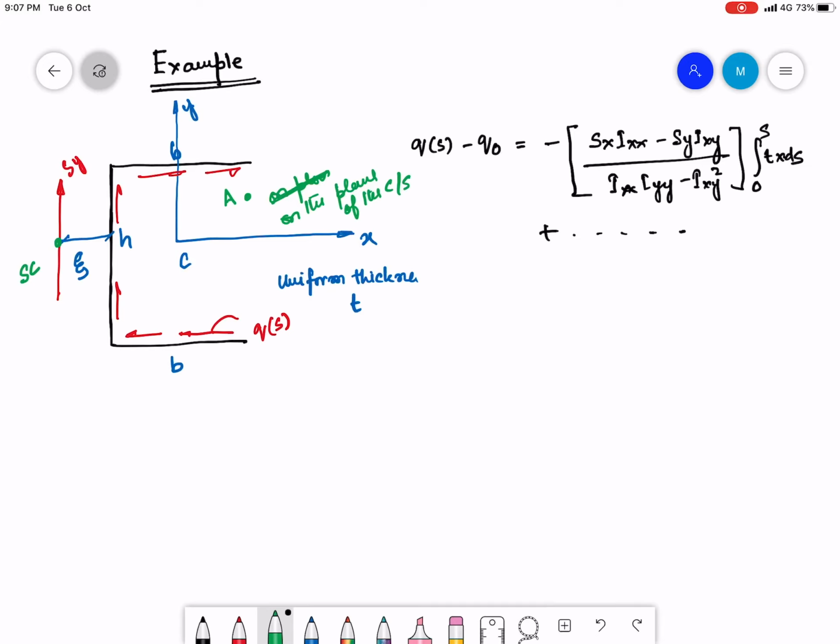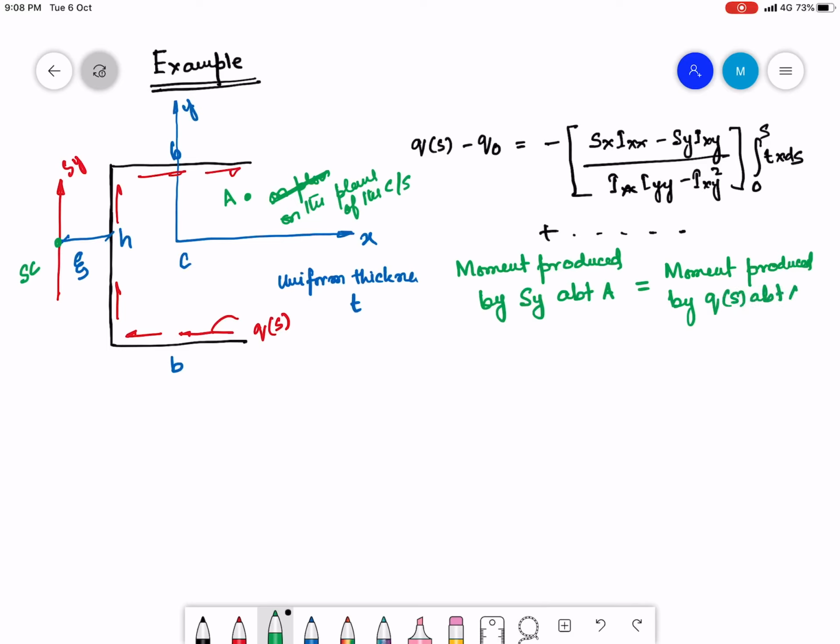So if Sy is passing through the shear center, then the moment produced by Sy about A should be equal to the moment produced by Qs about A. Okay, so A could be any point on the cross section, right?